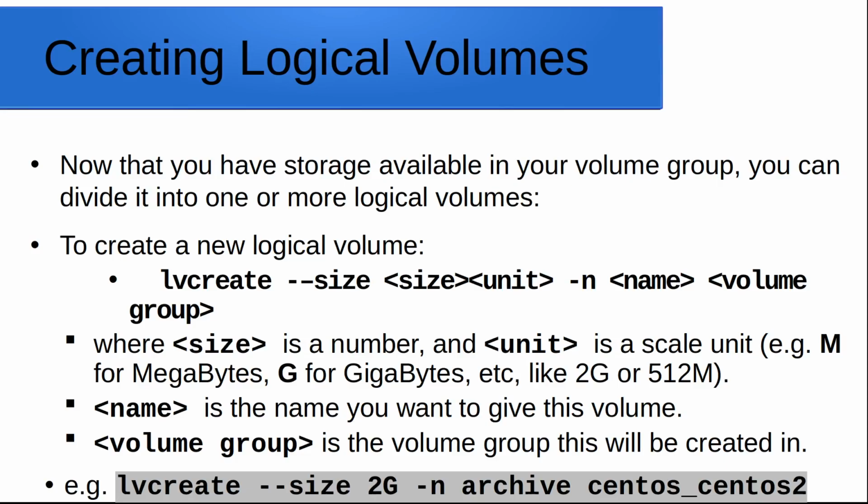So for example, lvcreate --size 2g will create a new volume that's 2 gigs. With -n, we're giving it the name archive in this example, and it's being added to the volume group CentOS. Hopefully that makes sense so far. And we're going through these slides pretty quick. This is probably going to be a fairly short video, which is hopefully good news.